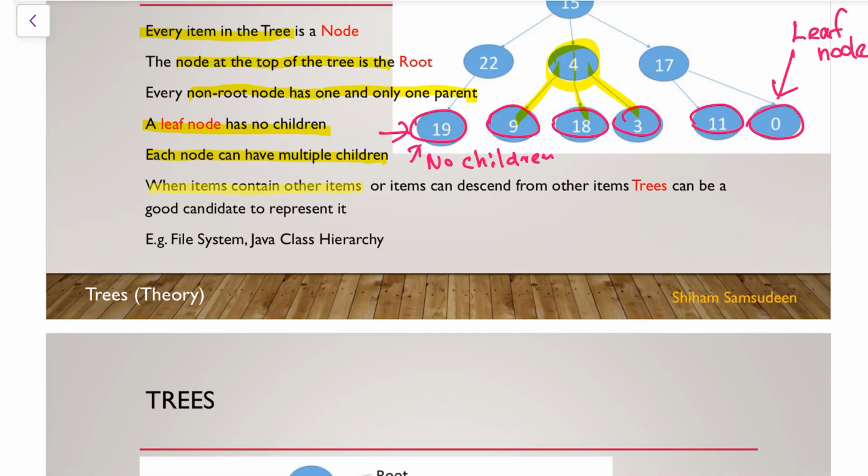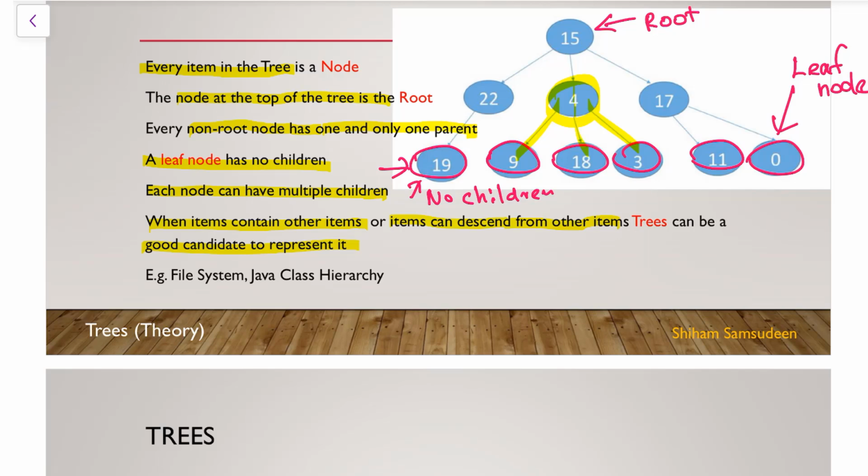When items contain other items, or items can descend from other items, trees can be a good candidate to represent it. So tree is a data structure. Ultimately what you're going to do is represent data in the computer, right? So in a logical sense, when you have hierarchical data, tree is the data structure to go for, right?